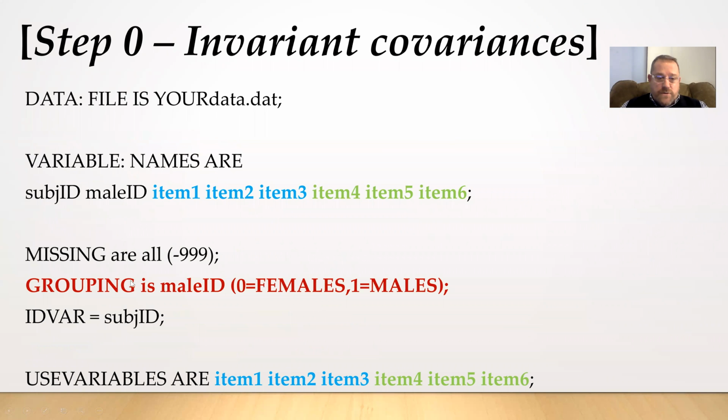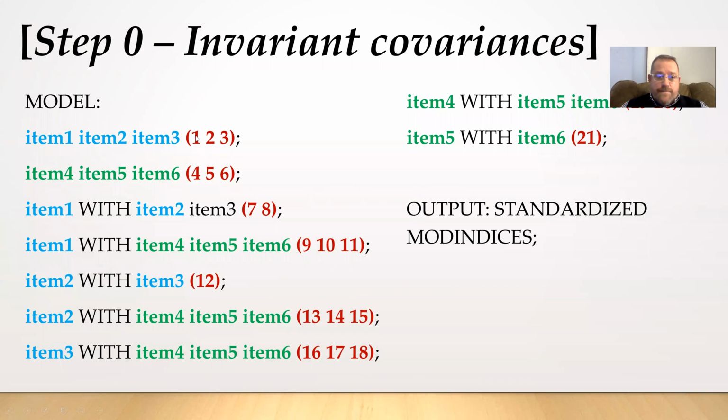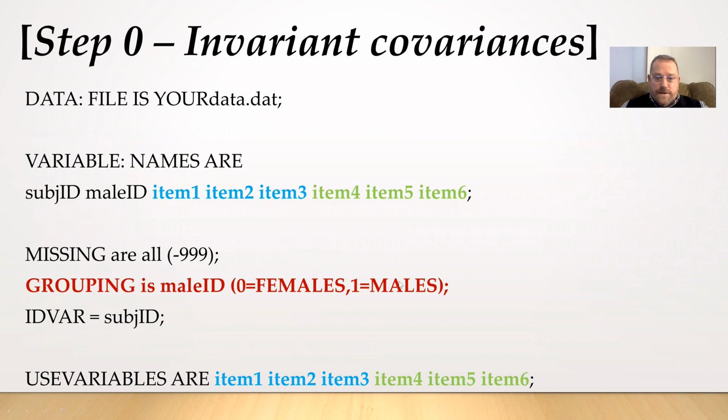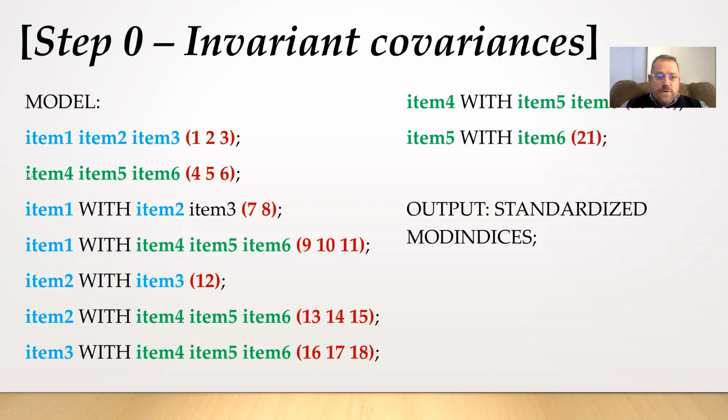Since this is a multi-group model, by labeling the variances for these 3 items 1, 2, and 3, we are constraining them to be identical across males and females. So we're doing the same with the variances of the next 3 items, and then we are constraining the covariances between these items to be identical as well.